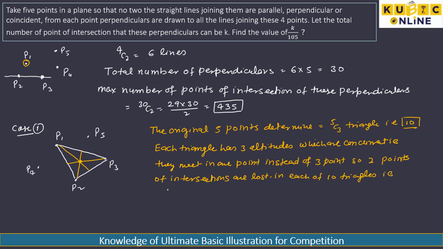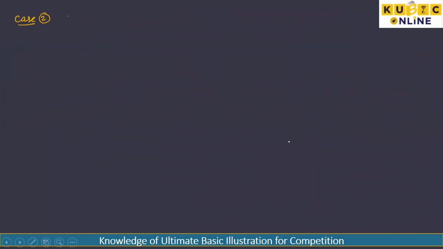That is, the total number of such lost points of intersection is equal to 20.